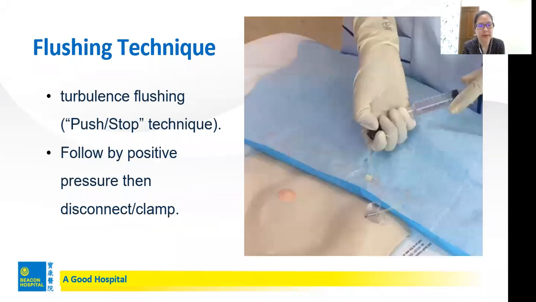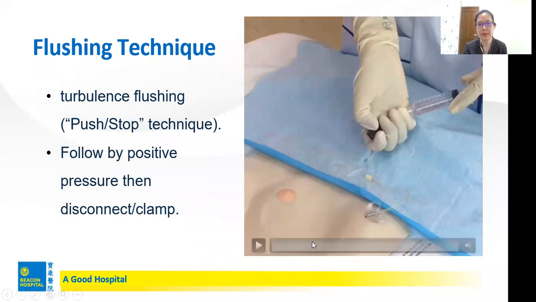Flushing technique, as I emphasized also during our first session, this is very crucial to prevent occlusion, the technique of flushing. Okay, you should perform turbulent flushing or push-stop technique, okay, followed by positive pressure, then disconnect or clamp.